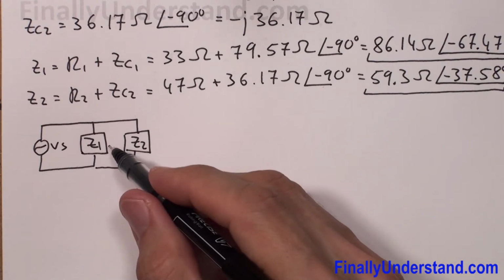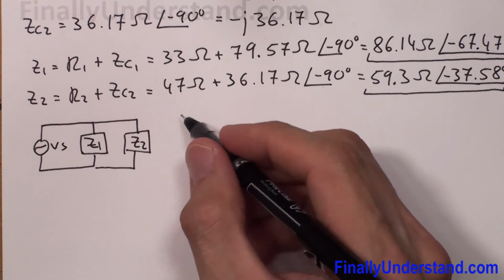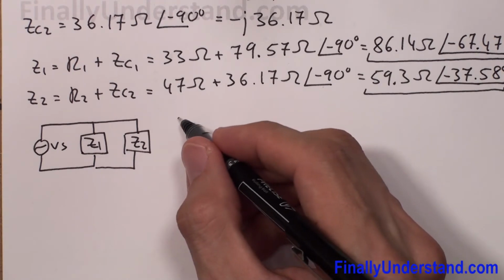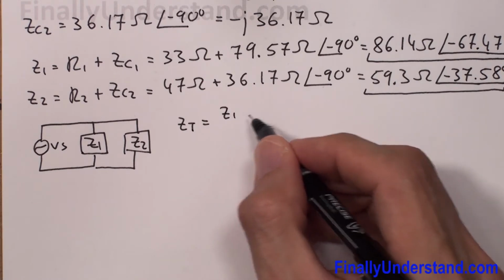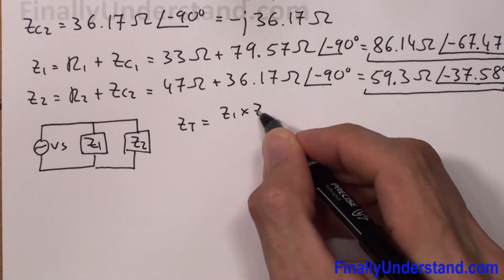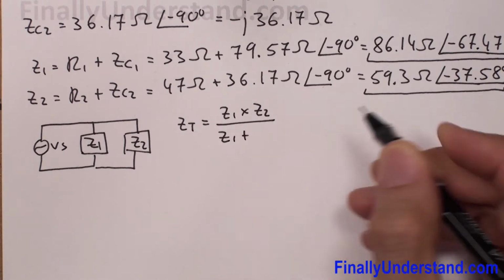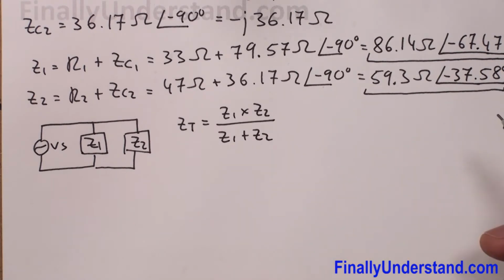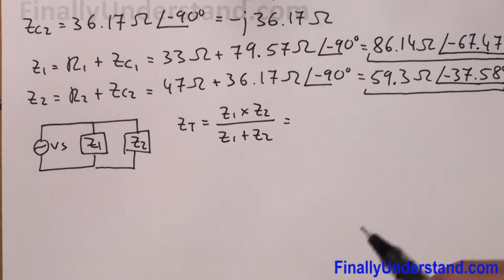So in order to find the total impedance of these two, I'm supposed to use the formula for the parallel circuit. So I have Z total in this case is equal to Z1 times Z2 over Z1 plus Z2. Let me write this down over here.